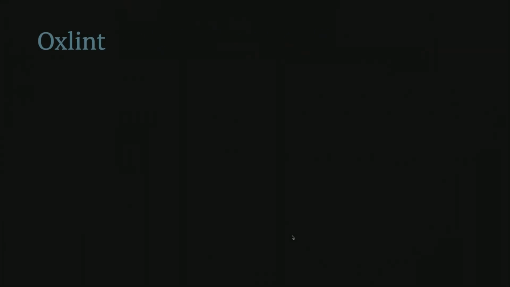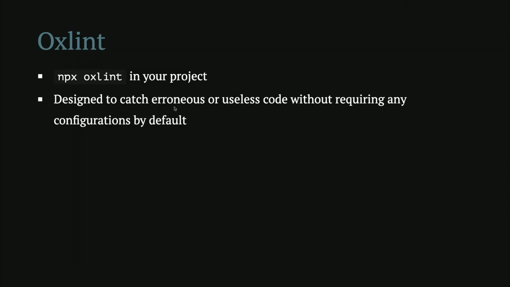Okay. Now it comes to Oxlint. You can already try it in your project with just one command, npx oxlint, and you will lint your whole project without any configuration. It's designed to catch erroneous or useless code without requiring any configuration by default.